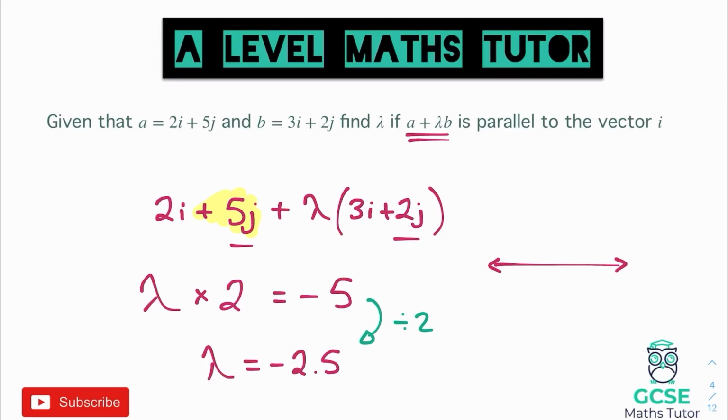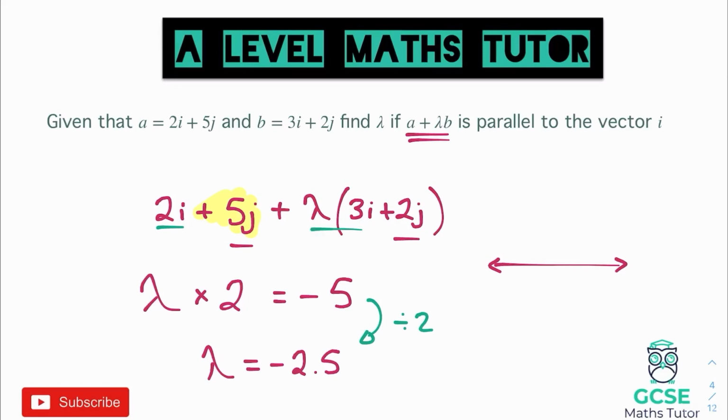Lambda will have to be negative 2.5, which obviously means we could actually work out the resultant vector for i there, and then we could go about showing what it all adds up and combines to make. We've got the 2i on the left, it hasn't asked us to do this, and then we're going to do the negative 2.5 multiplied by the 3.